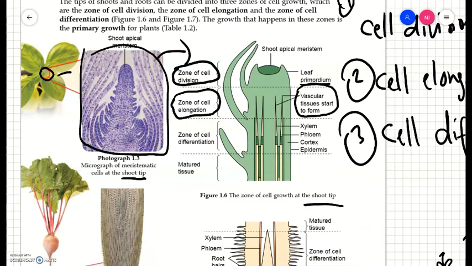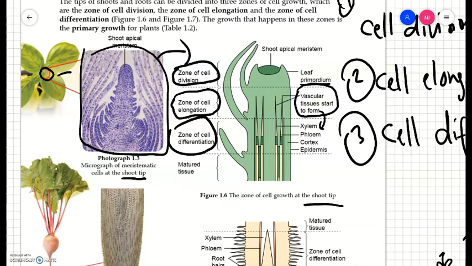Next to the zone of cell elongation is cell differentiation. So what can we find in the zone of cell differentiation? Tadi vascular tissue baru start to form. Ni dia sudah betul-betul ada, which is this differentiate.